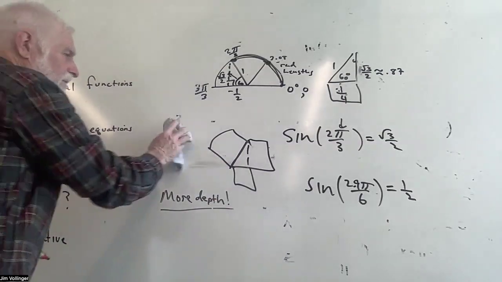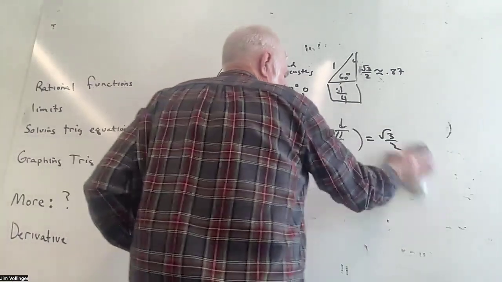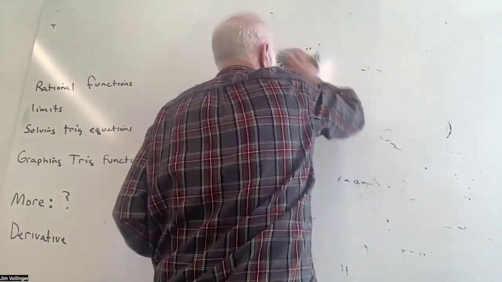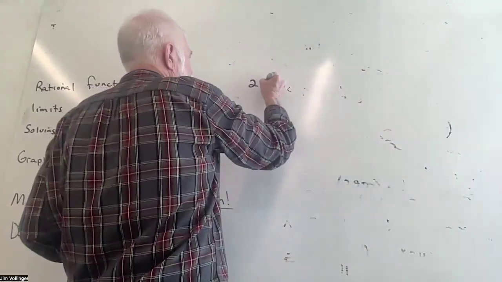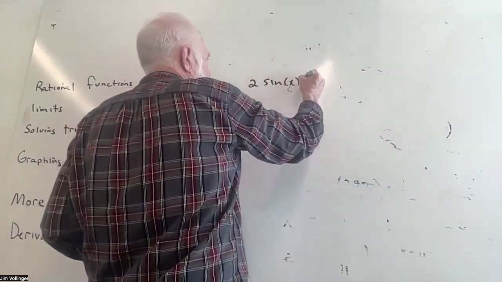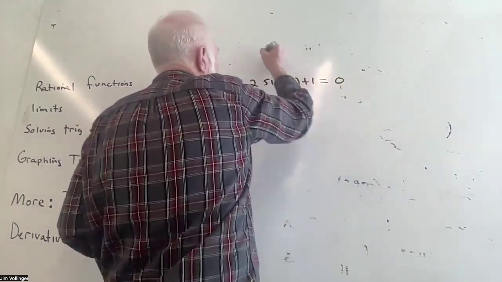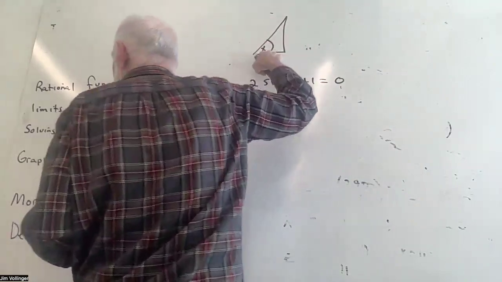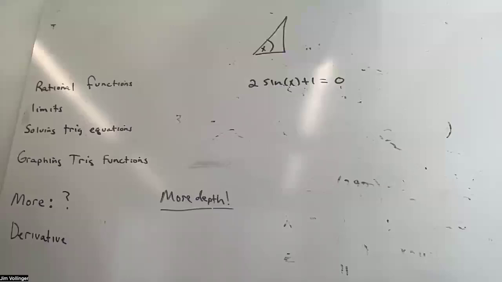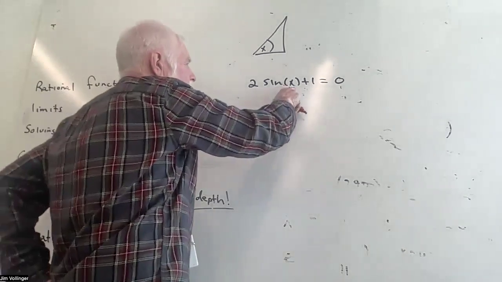Solving trig equations. Let's do that one next. So what if I said I want you to solve 2 sine x plus 1 equals 0? Well, one thing you're going to learn in the unit circle, x stands for the angle. All right, so that stands for an angle.